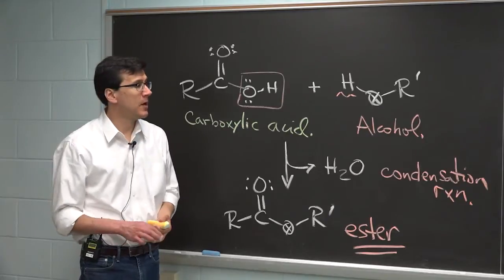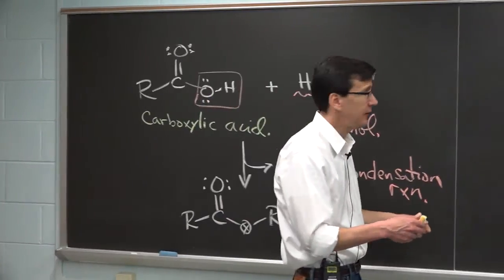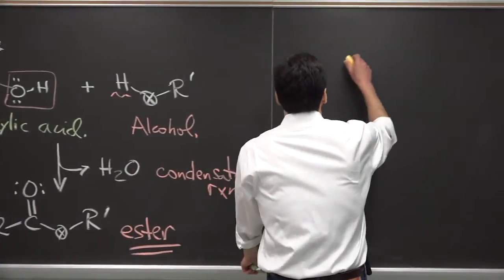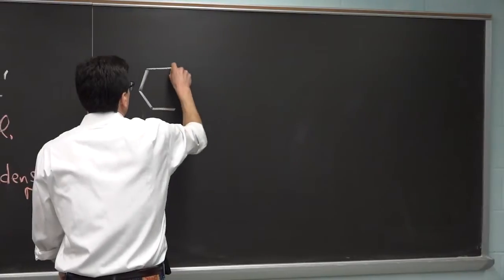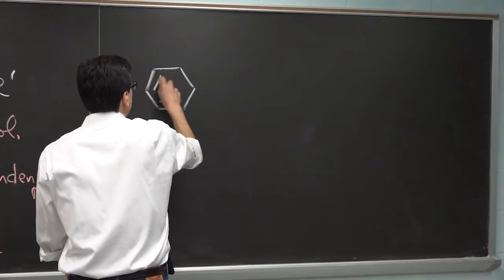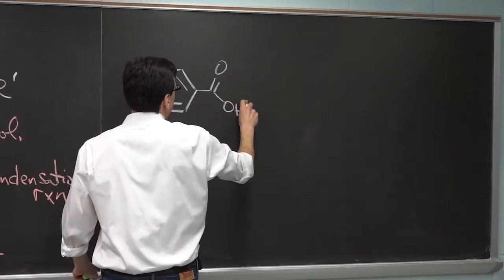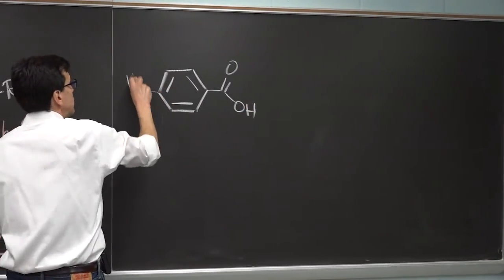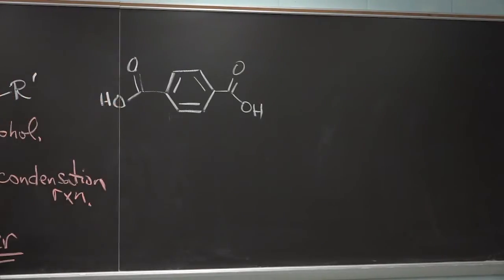All right? Okay, so why do we need that? Well, let's come over here to this other board. Let's imagine that we had a molecule like this one that has not just one carboxylic acid in it, but two.